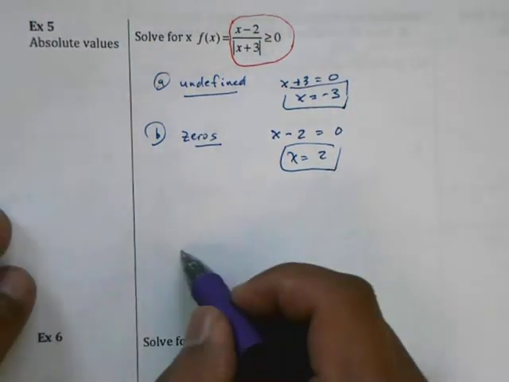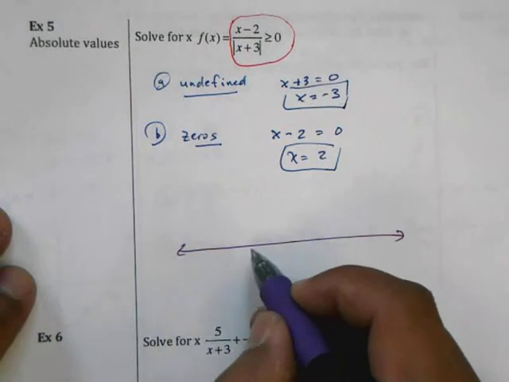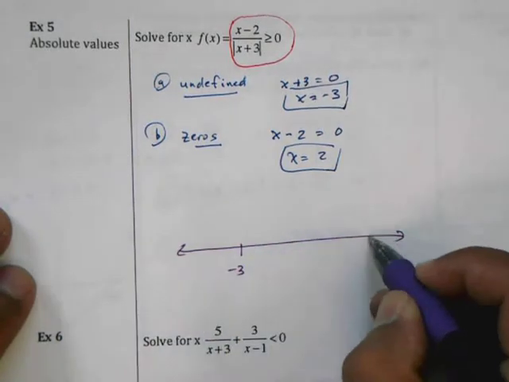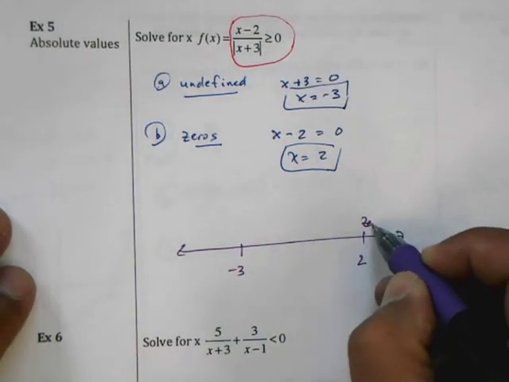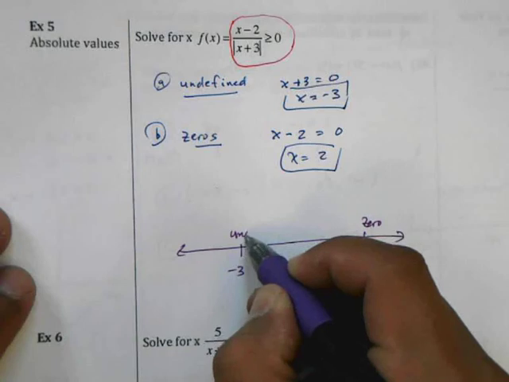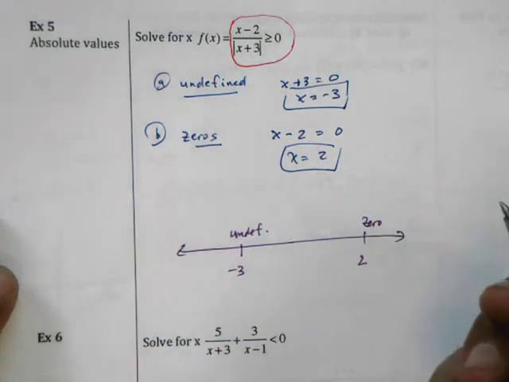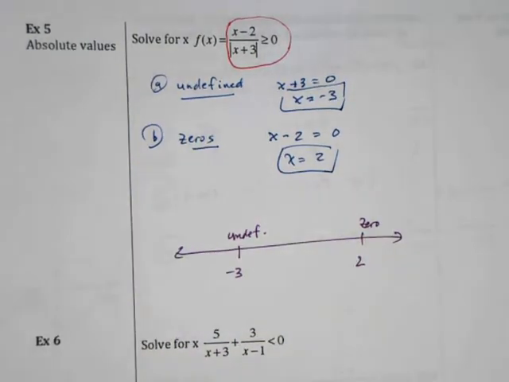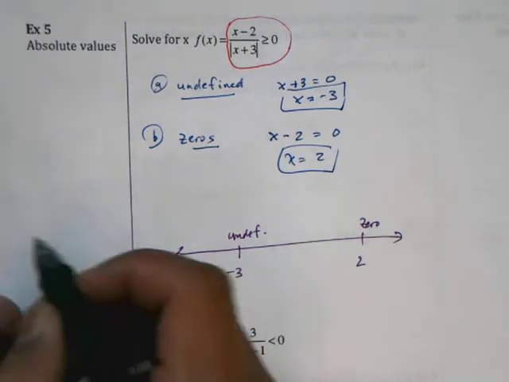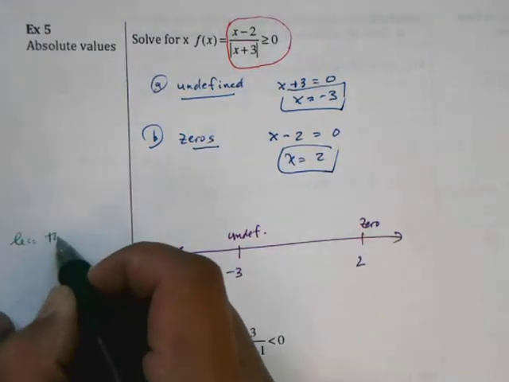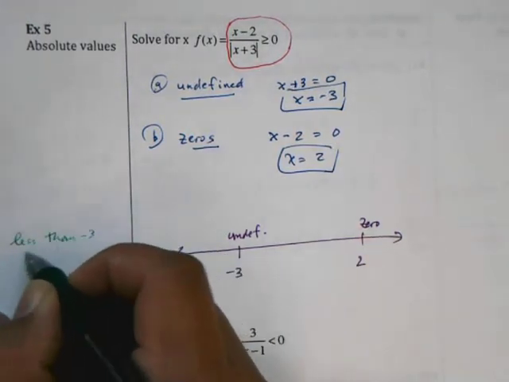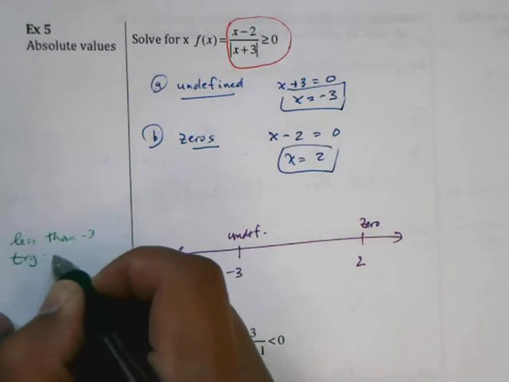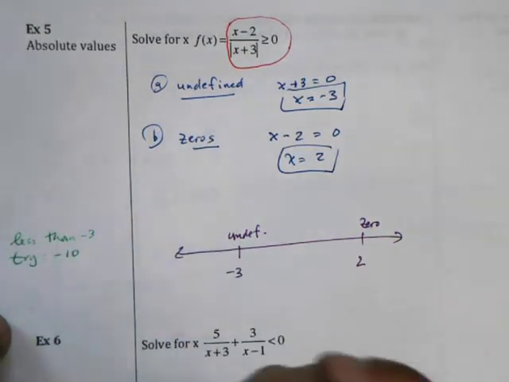Now we can make our little sign chart. Negative 3, 2. I know this is a 0. I know this is undefined. Well, what if I put a number in that is less than negative 3? So we can try negative 10.